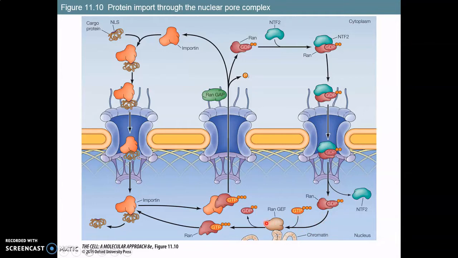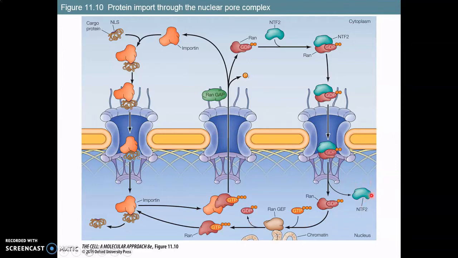Once it's on this other side, we have a protein over here called RAN-GEF, which stands for GTP exchange factor. And here what it does is when it comes into contact with RAN, it will cause the GDP to fall out and allow a fresh GTP to bind back in, which will of course change the conformation of RAN into its conformation 1, which will allow it to export importin.